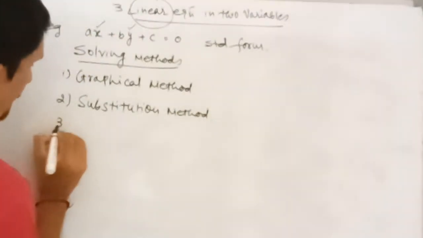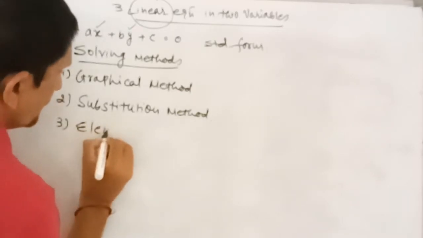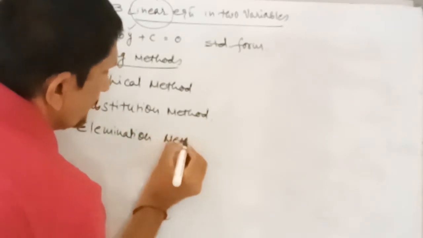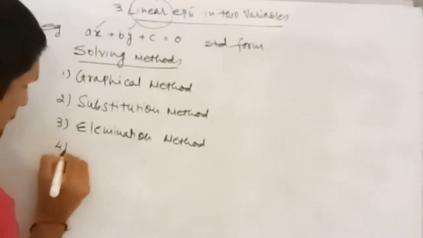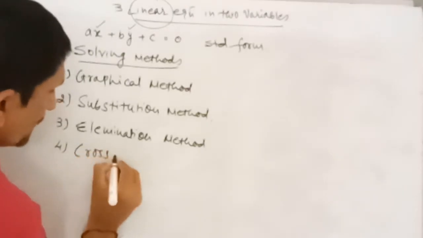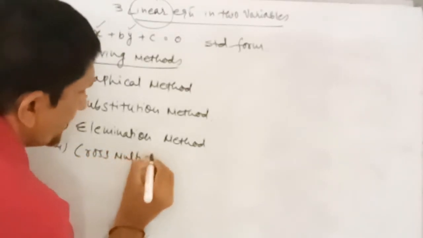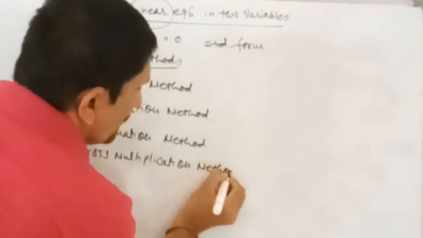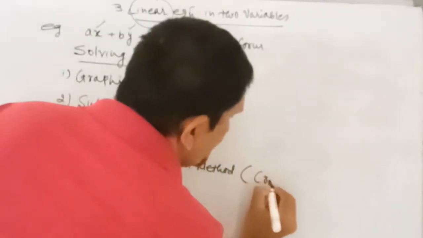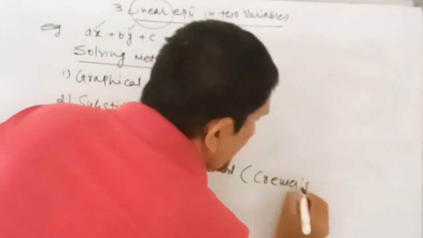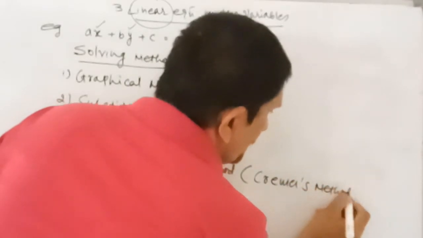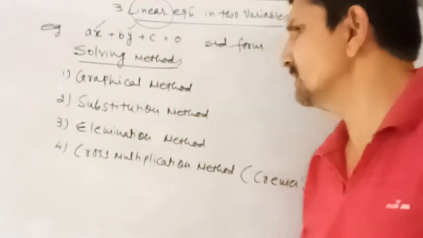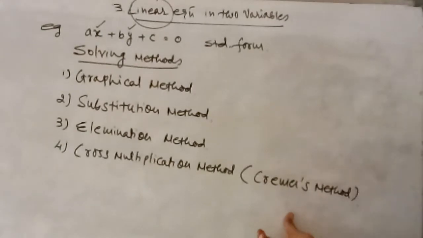Third, the elimination method. And fourth, the cross multiplication method, or sometimes it is also called Cramer's method. This name is actually not given in your textbook, but cross multiplication's other name is Cramer's method.